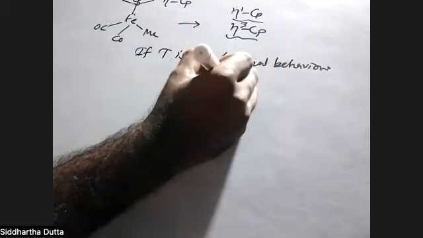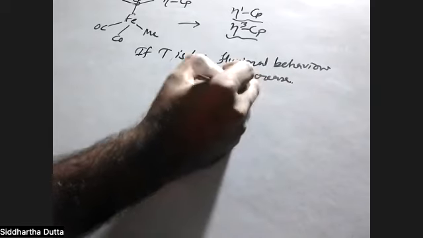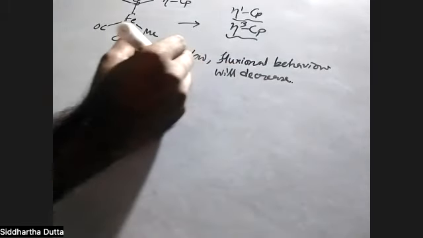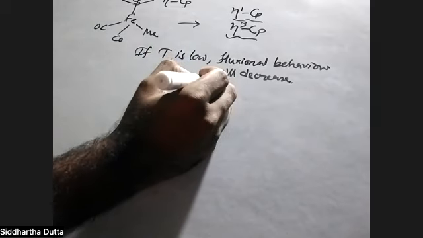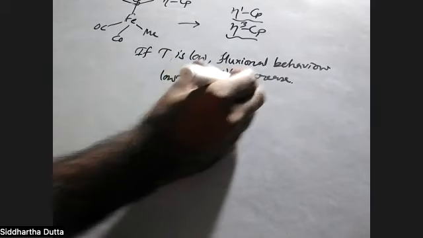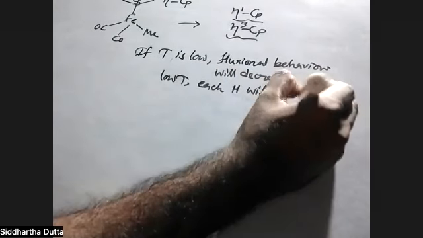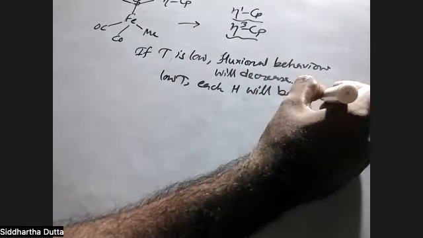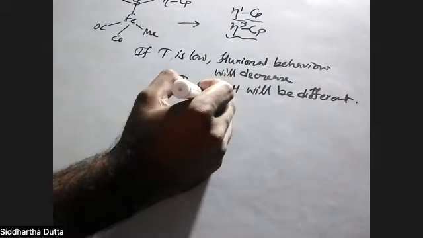So at low temperature, each hydrogen will be different. So we get the NMR value of each of the equivalent hydrogens.